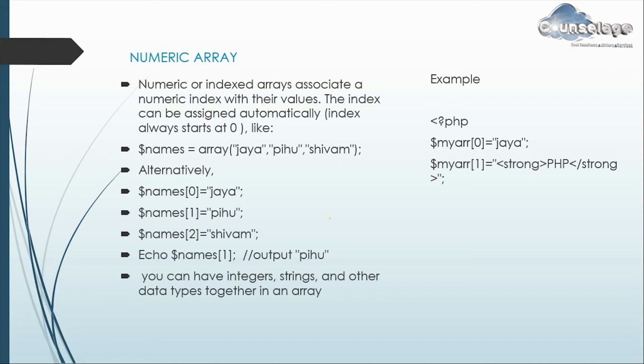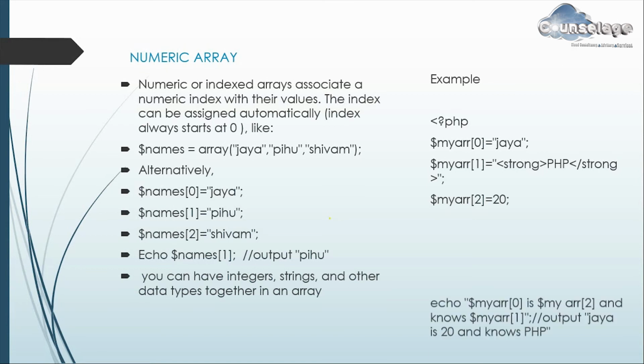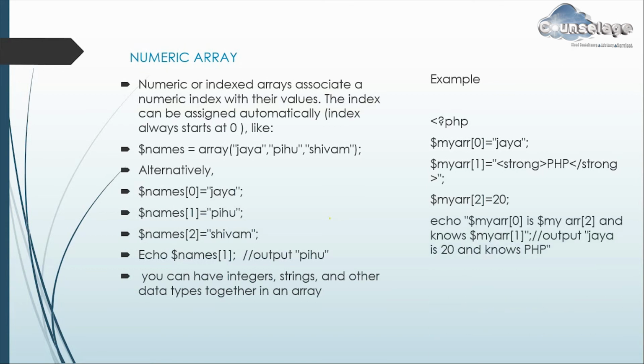At its first index position, here we have included strong, which is an HTML tag, and it is on the first position of my array, it is PHP. At the second index of my array it is 20, and the echo statement is run, which results in an output as Jaya is 20 and knows PHP.